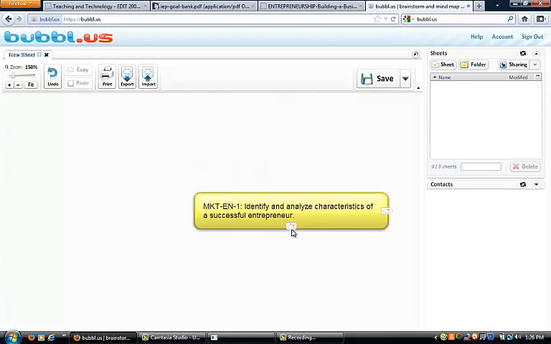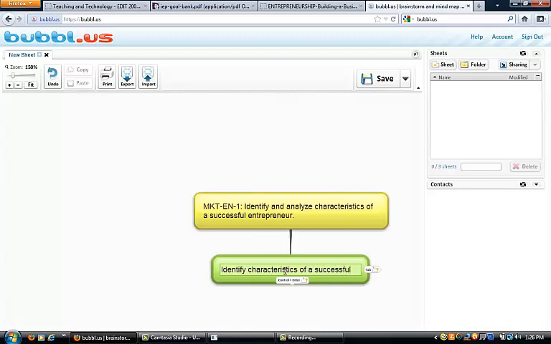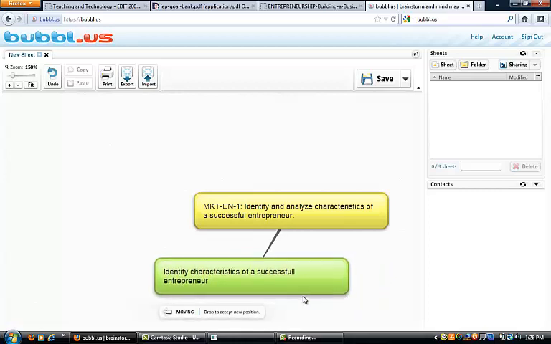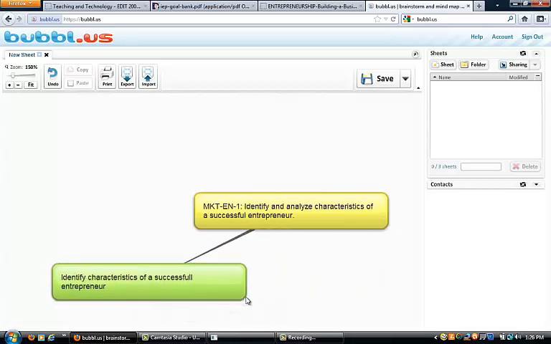So I'm going to click on my bubble here, and so my second tier would say identify characteristics of a successful entrepreneur. Alright, and I'm going to bring this in just a little bit and move it to the side.